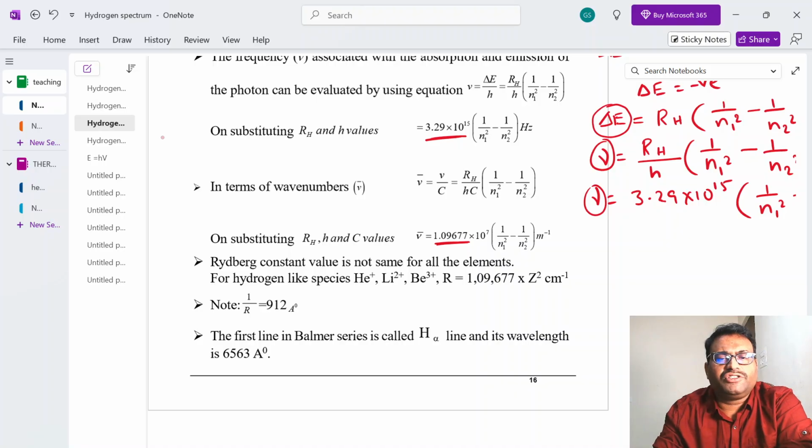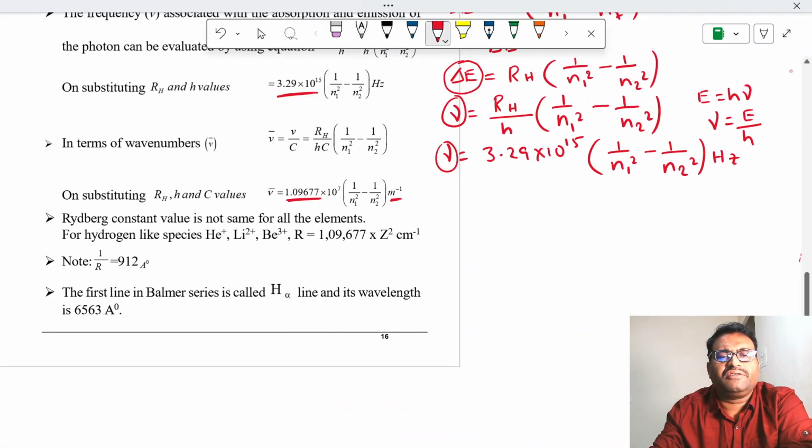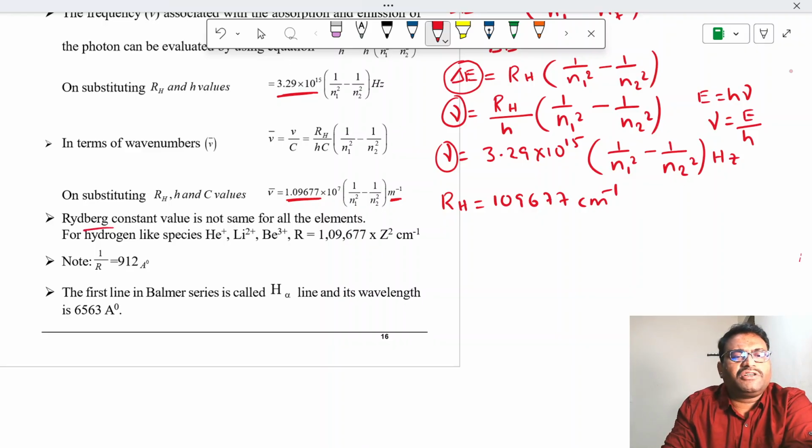So 1.0966 into 10 power 7 per meter. If you convert it into centimeter, then what do you get? RH value will be equal to 109,677 per centimeter. Right? So the Rydberg constant value is not the same for all the elements.